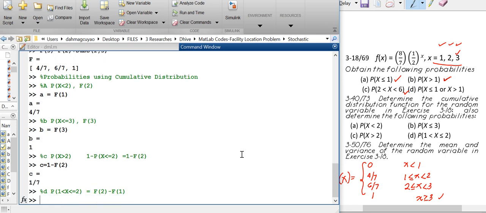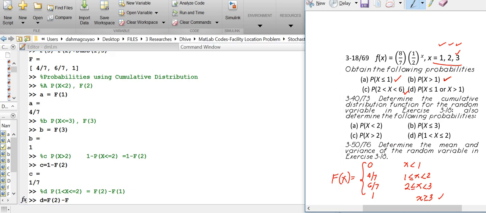So D is equal to f of 2 minus f of 1. So f of 2, when we say less than or equal to 2, but greater than 1, it is only 2.